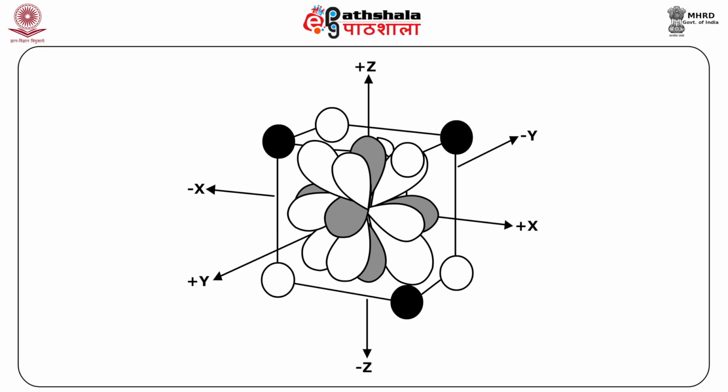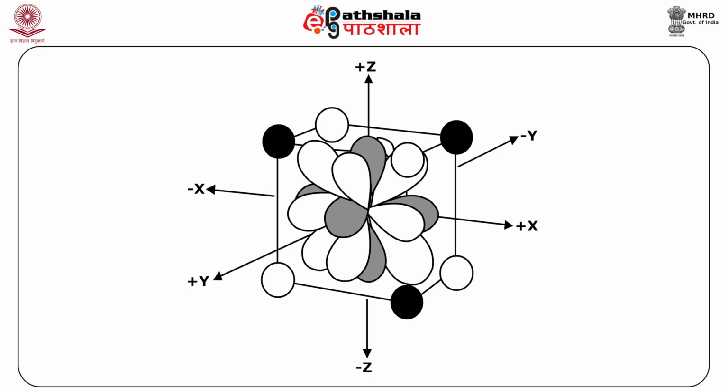Consider a tetrahedral complex placed inside the cube with the metal ion in the center and ligands occupying four alternate corners of the cube. Thus, the rest of the four corners of the cube remain empty.